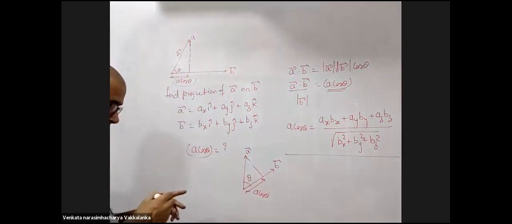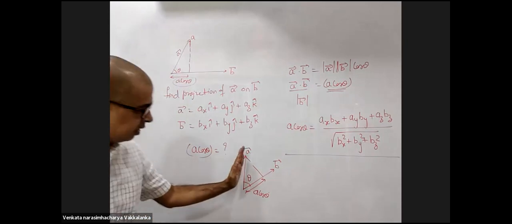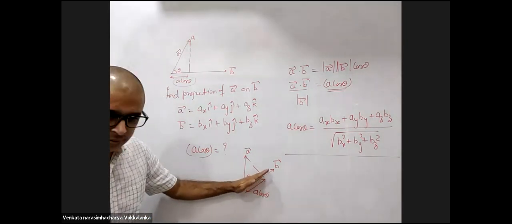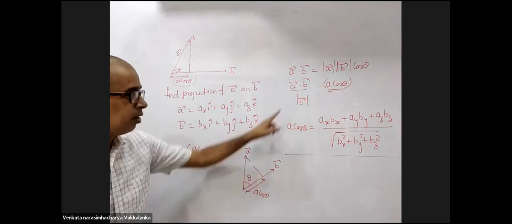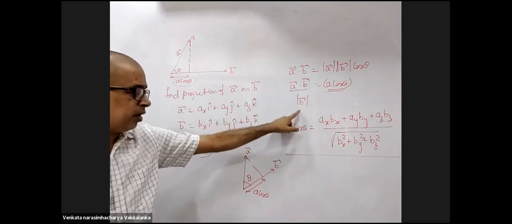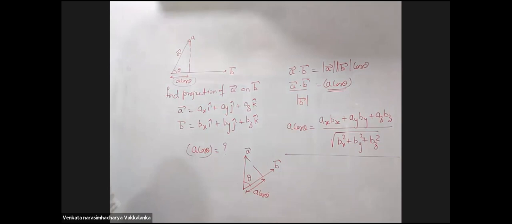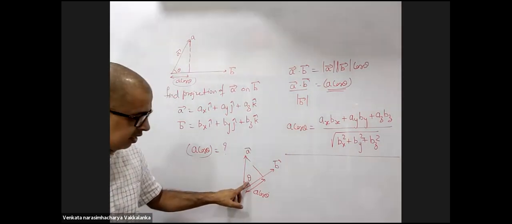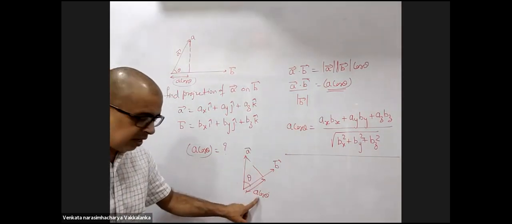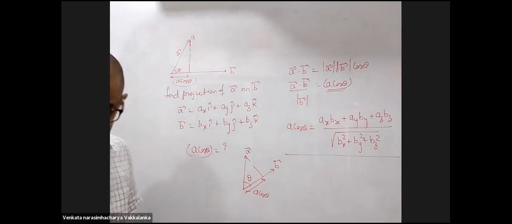Nothing changes for me. My requirement is A cos theta. And how do I get A cos theta? Dot product divided by the magnitude of B. If theta is the angle between A and B, my requirement is A cos theta. Okay, sir.